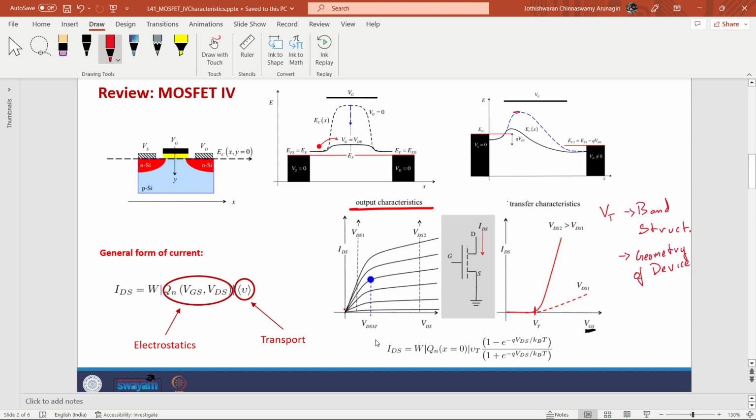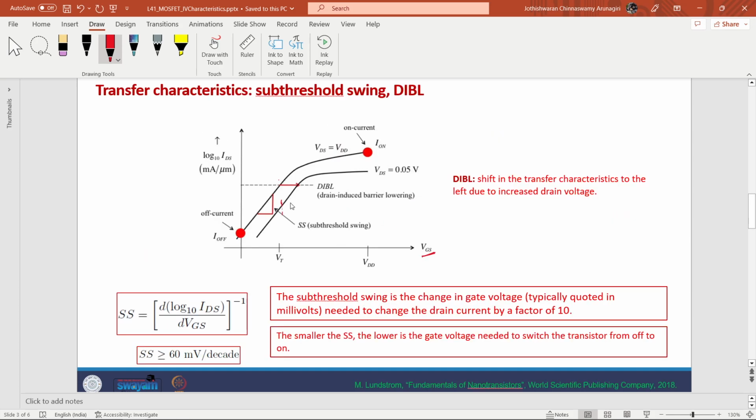Whereas because of DIBL, at the threshold voltage itself, this particular curve for a higher VDS, the current has increased significantly.